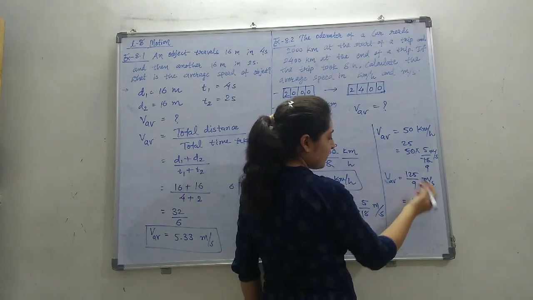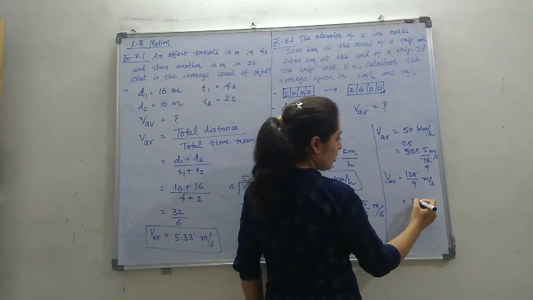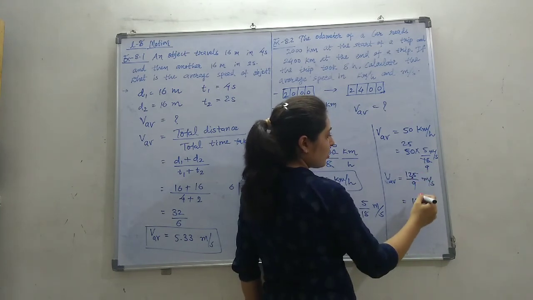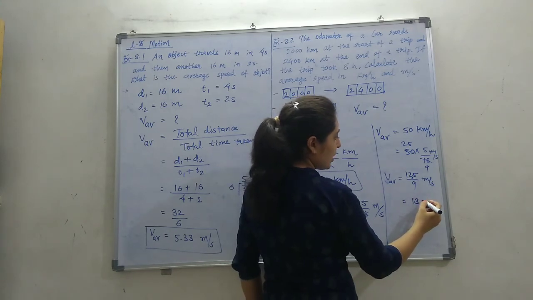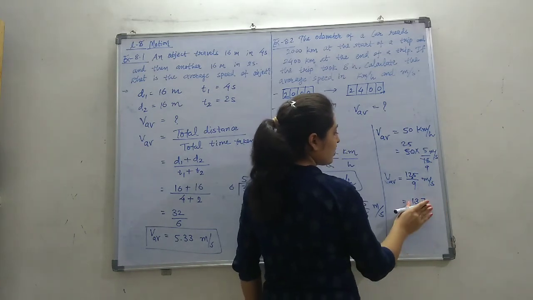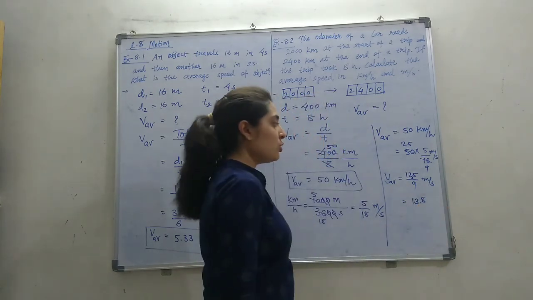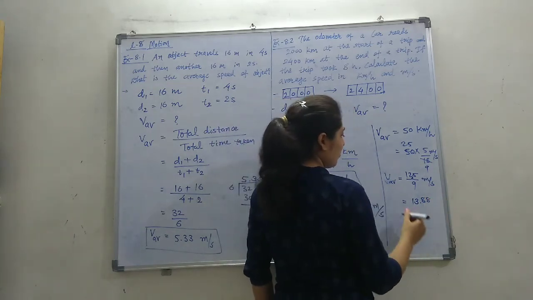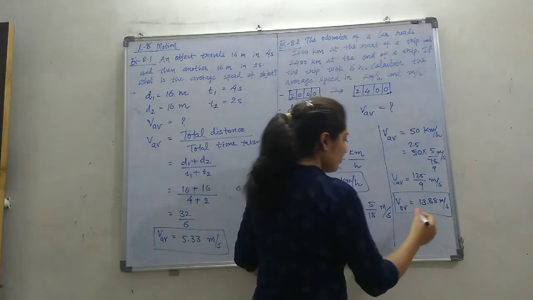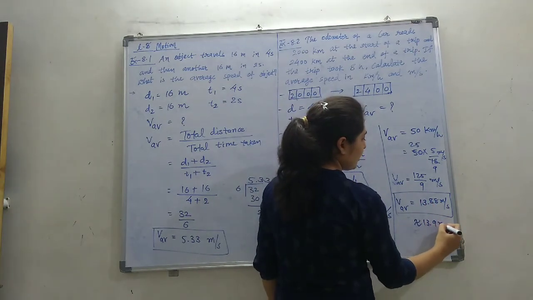If we divide 125 by 9: 9 ones are 9, 3 remaining. 9 3s are 27. 8 remaining, 80, that is the decimal point. 9 9s are 81, so 9 8s are 72. 8 remaining, 9 8s are 72. So it is 13.88 meter per second, which is approximately 13.9 meter per second.